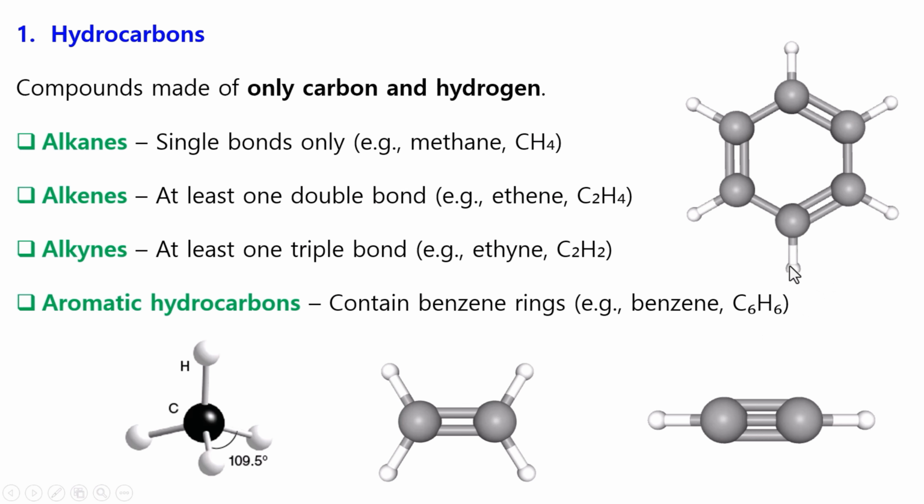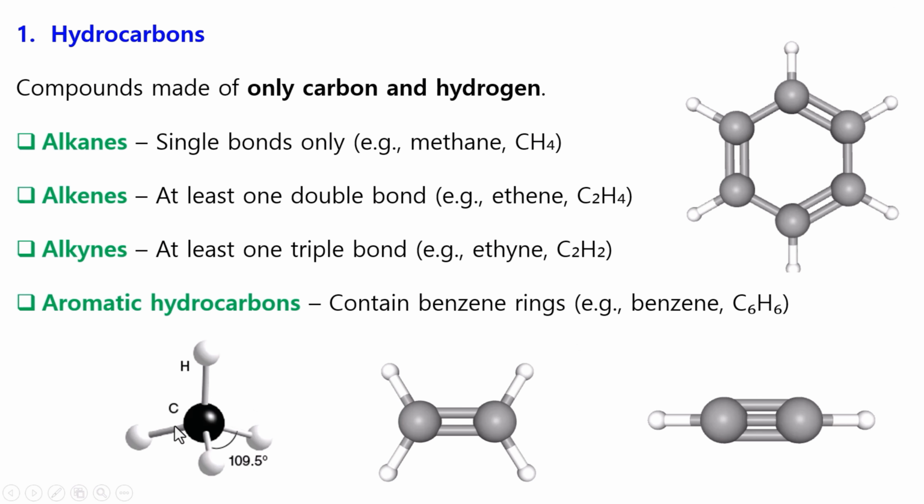So this is C6H6. I already told you there are hydrogens attached to the carbons. There are 6 carbons present in that molecule and 6 hydrogens. This is the cyclic one. They will say this is an aromatic hydrocarbon.